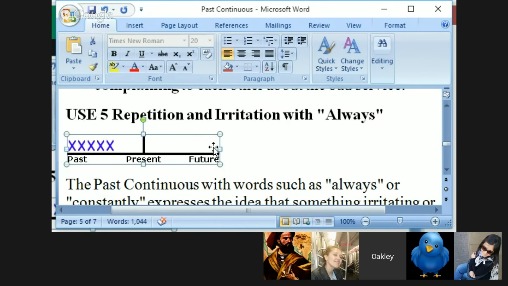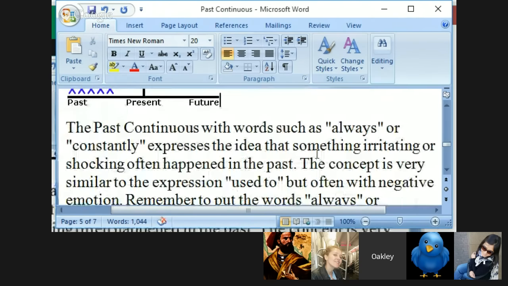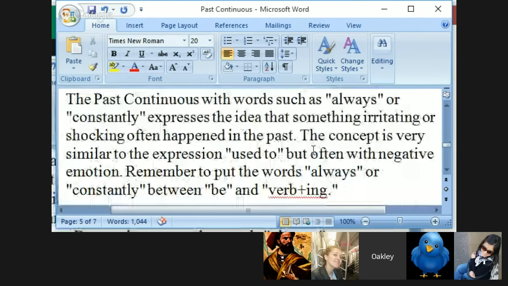He was forever in a good mood. He was always helping people. Okay, obviously, this is not negative. It doesn't have to be negative. It often is. And, okay.